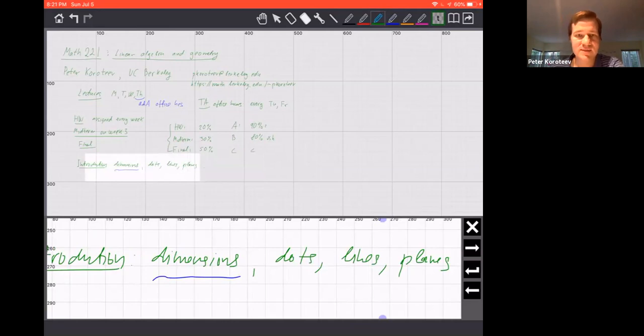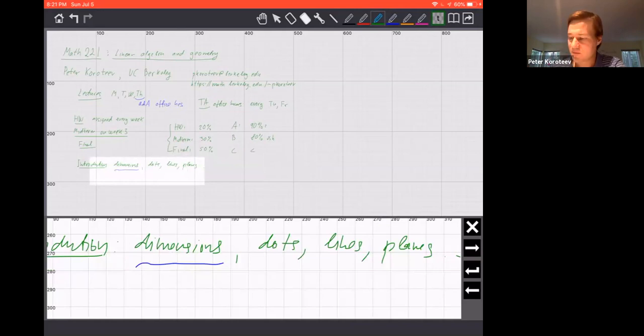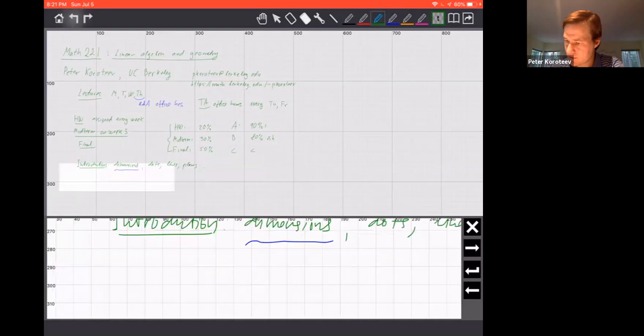Concept as we expect. So then we'll talk about matrices and various operations with matrices.